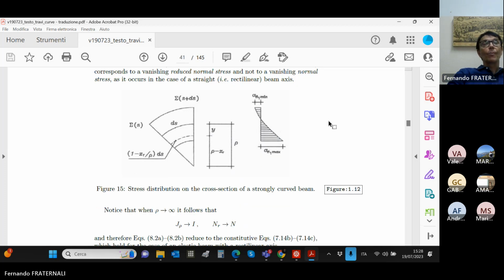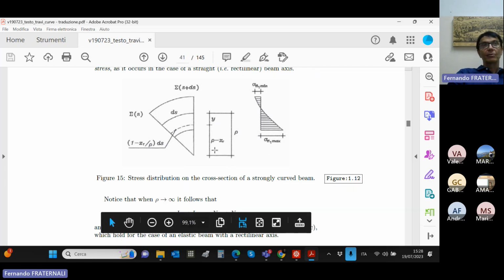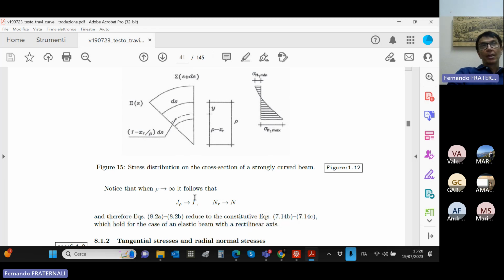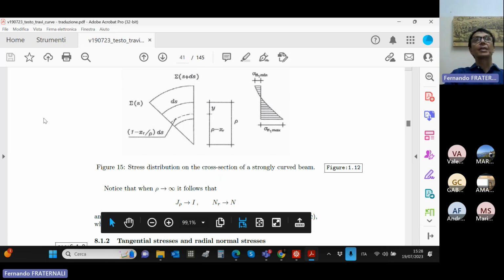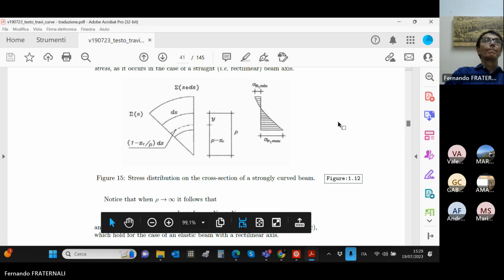Now, obviously, we go back to the classical formula when rho goes to infinity, because j rho tends to the moment of inertia of the straight beam, and nr tends to n, and so we have the classical Navier formula.